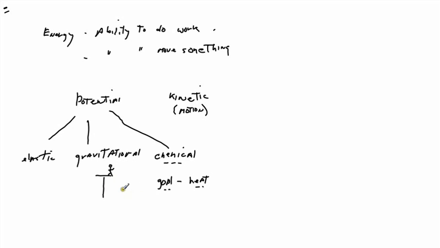If he has height, from there to there, and he has mass, and if there in fact is gravity pulling him all the way down, then before he jumps, he has potential energy.